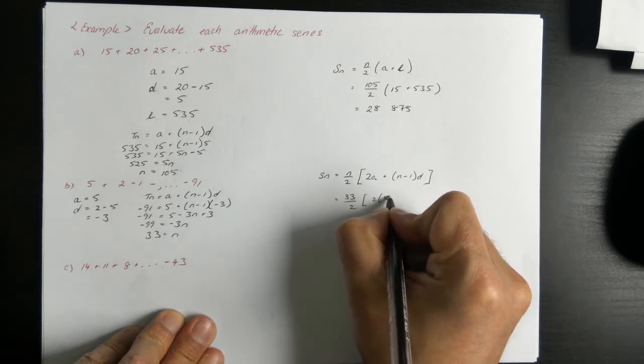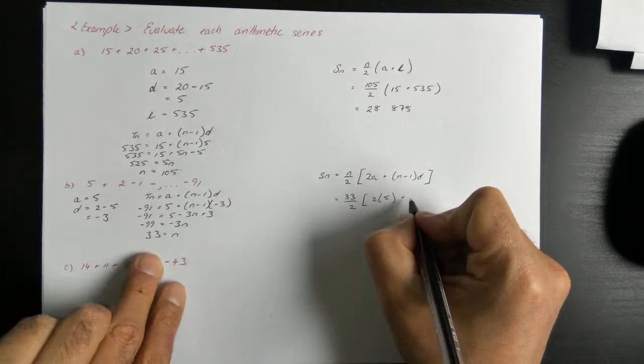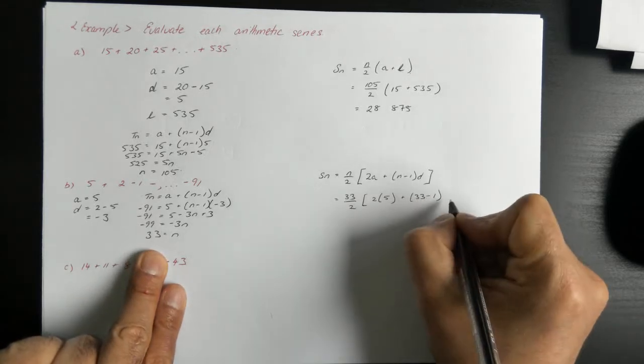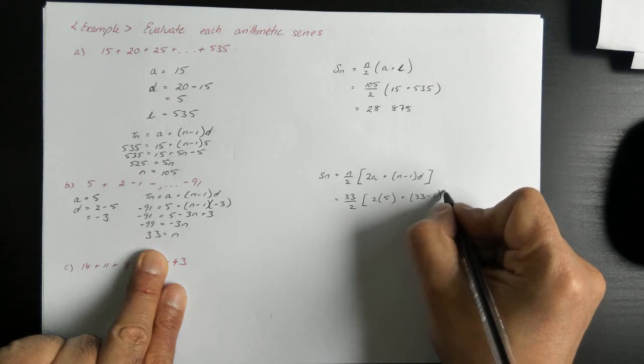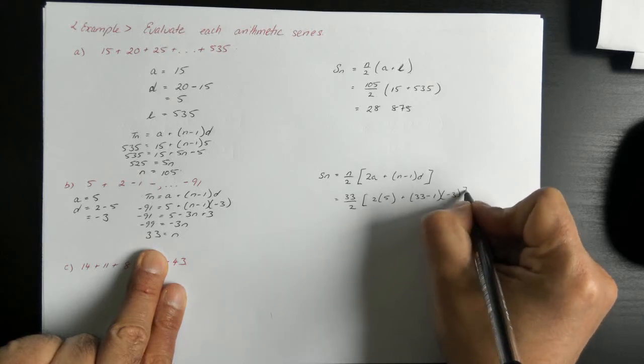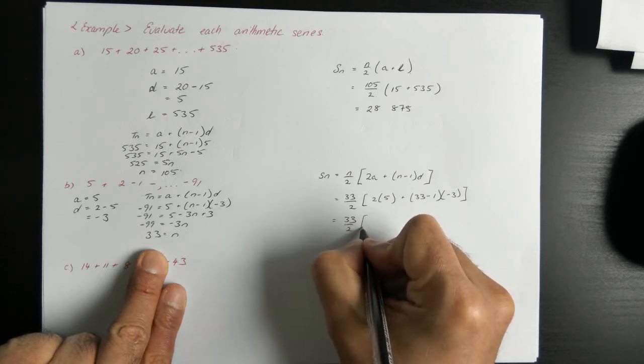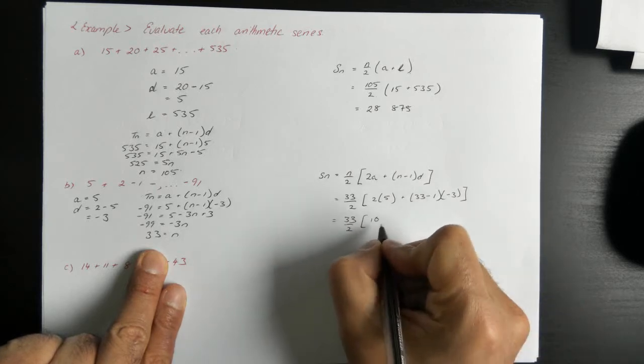A was 5. N is 33, so that's 33 minus 1. And the common difference is negative 3. So cleaning that up, you still get 33 on 2. 10.